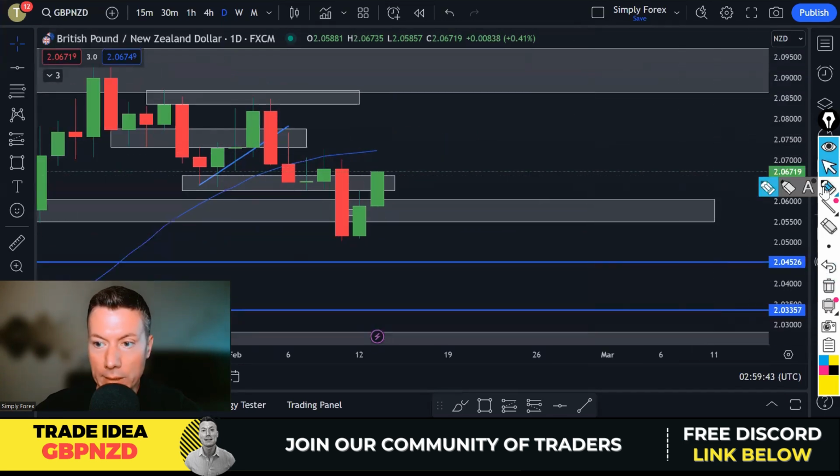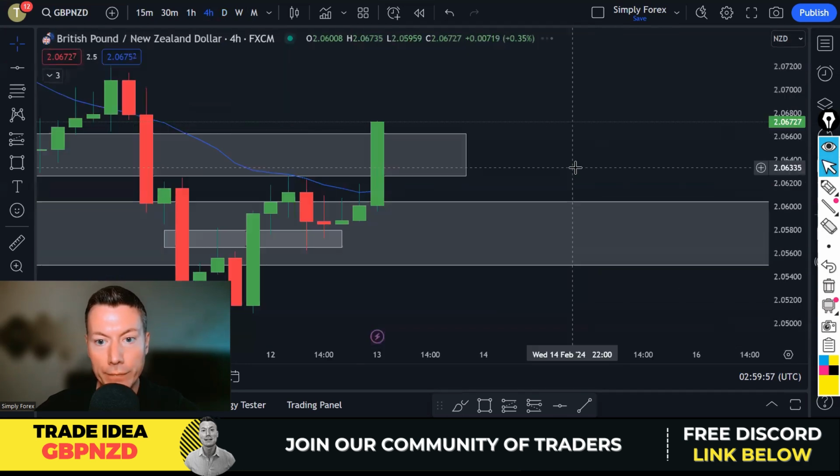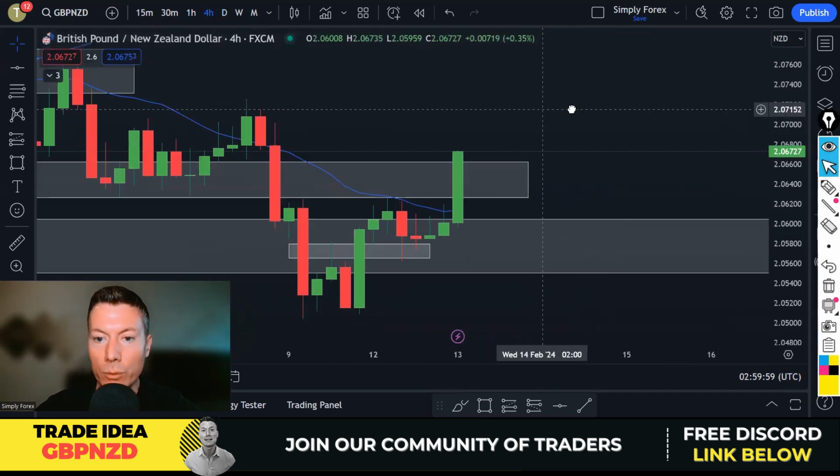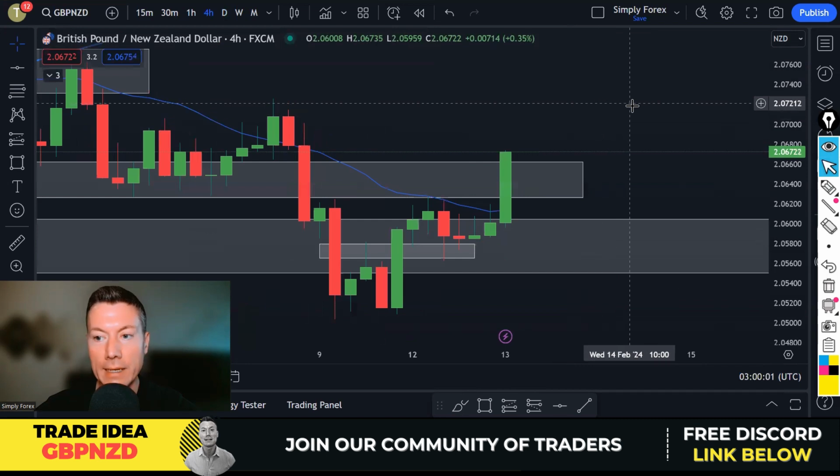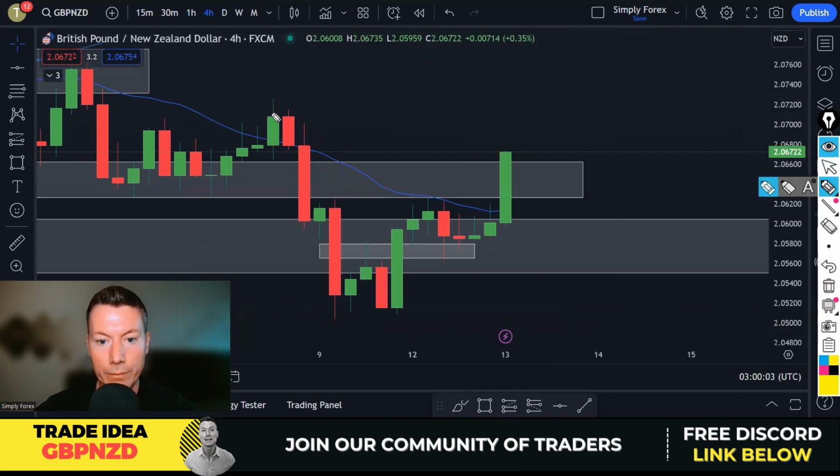And although yesterday's candle is quite bullish, it still has a top wick. There was a bit of rejection here. So it'd be interesting to see how this daily candle finishes. But I'm still happy to look for sells with this pair. If we look at the H4 now, clearly nothing is telling us to sell this at the moment, right? We came down, we had an H4 structure break here.